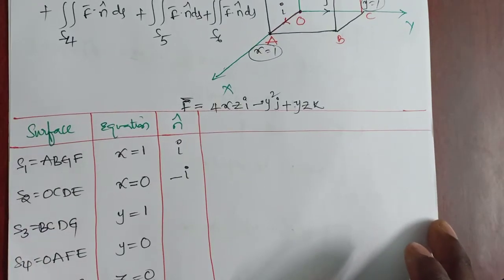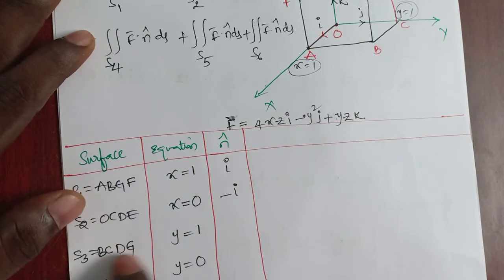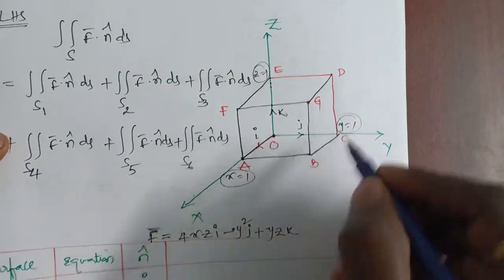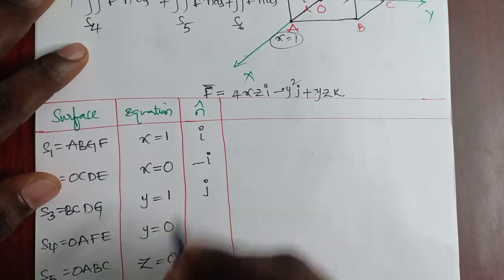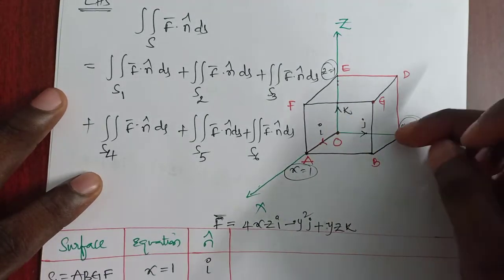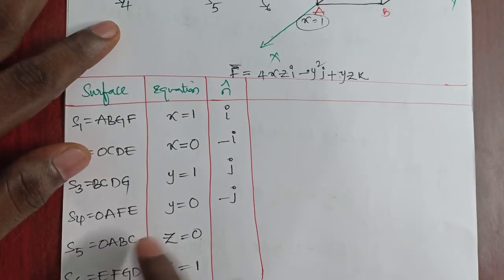Okay students, then y equal to 1. So coming to y equal to 1, which means the surface B, C, D, G, it has a positive direction, since it is j, which means it is a negative direction. Why? Because this surface is in the negative direction from y equal to 1. Next OABC.